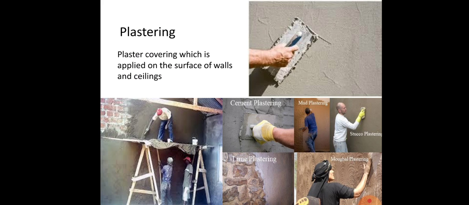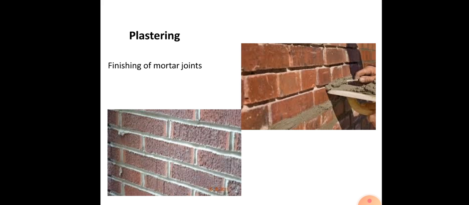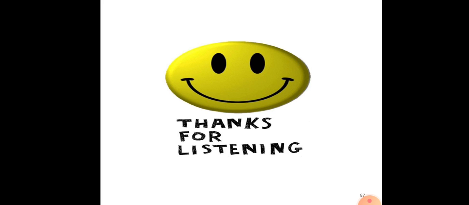So these are the various components of the wall. Here you can see the process of plastering. It means the covering that is applied on the surface of the walls and the ceilings. Here again you can see how the mortar joints are being filled by plaster. So these are the various components of the building.